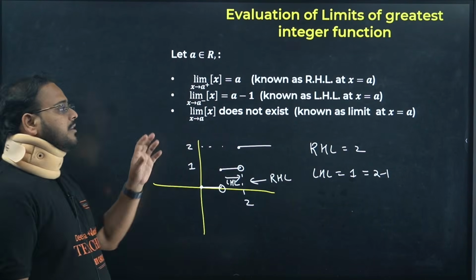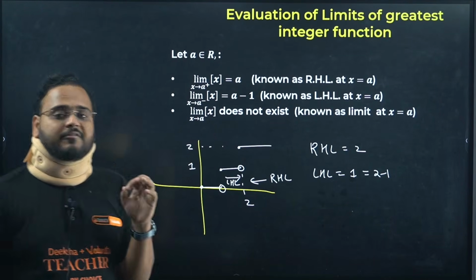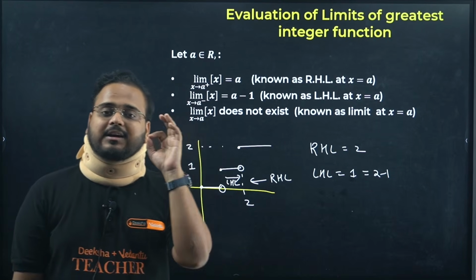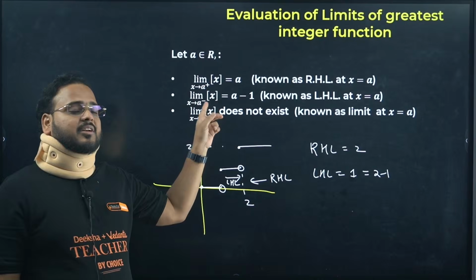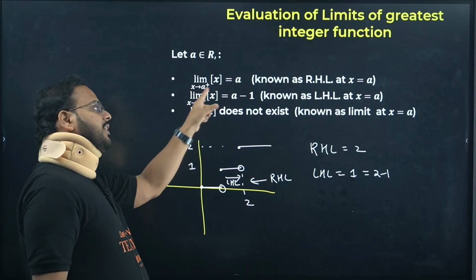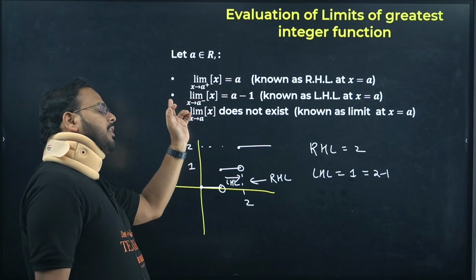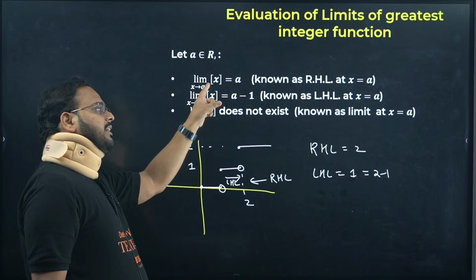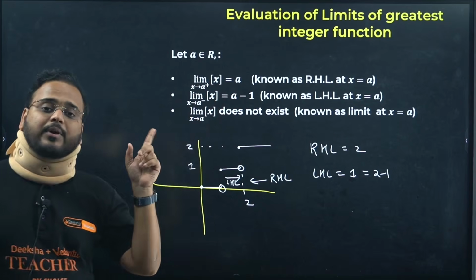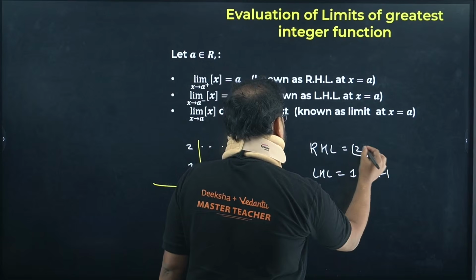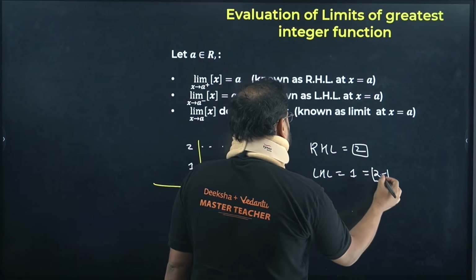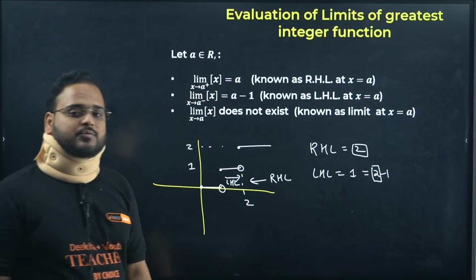So basically, for any given function of greatest integer nature, the limit value of the RHL remains the same as the integer a, and if you go for the left hand limit value, the left hand limit value becomes a minus 1. Here the a value was 2, so RHL remains 2, and the LHL value was 2 minus 1.